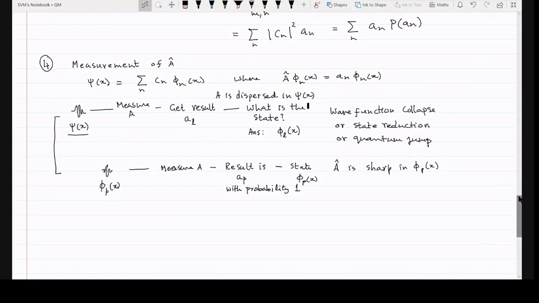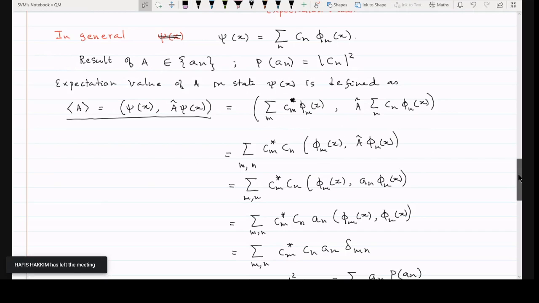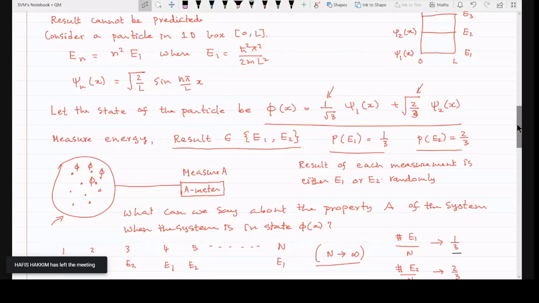Just to give a concrete example, let's go back to the case of a particle in a box.